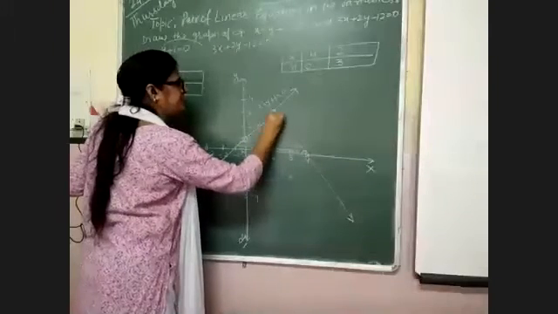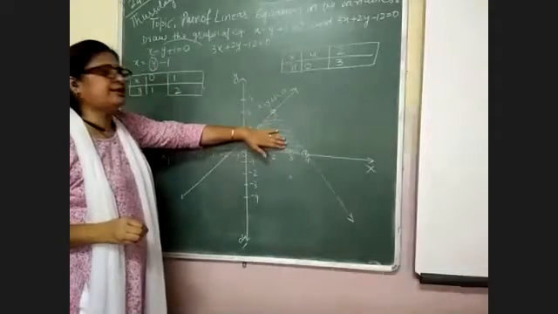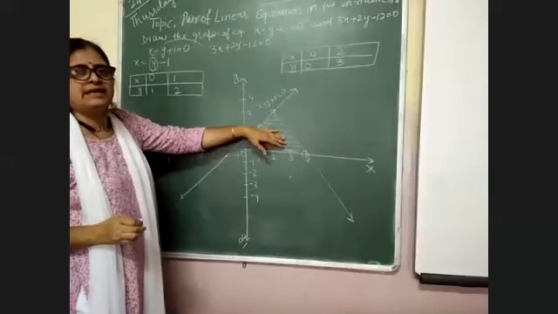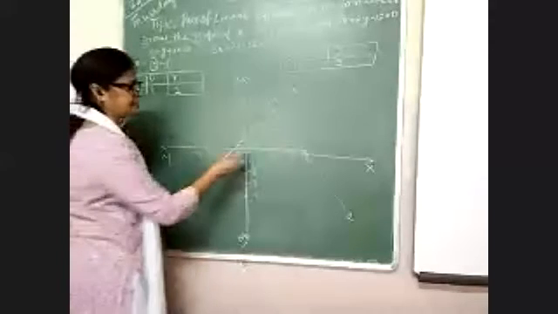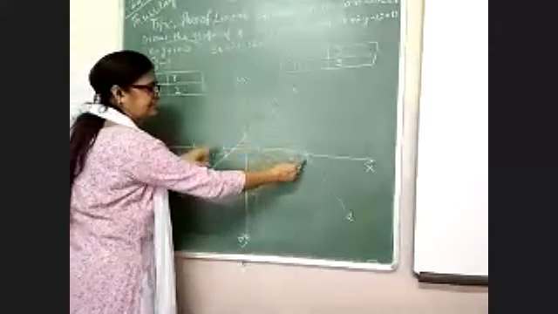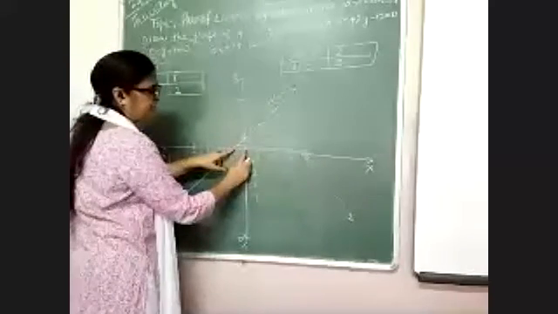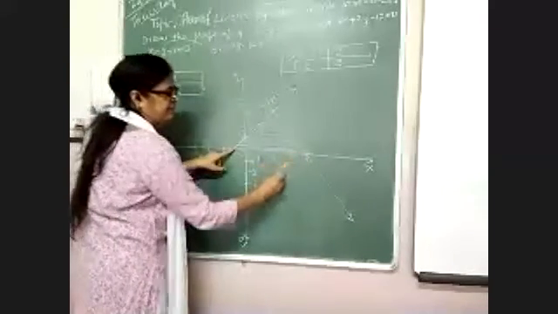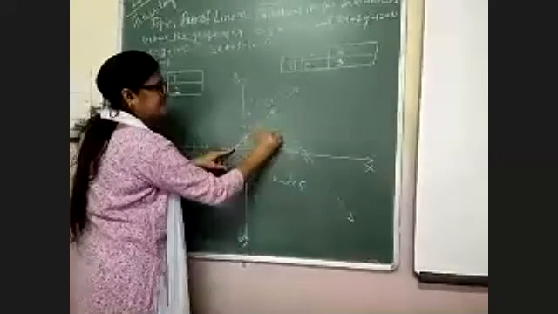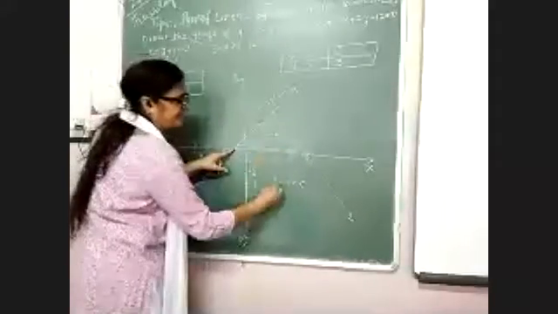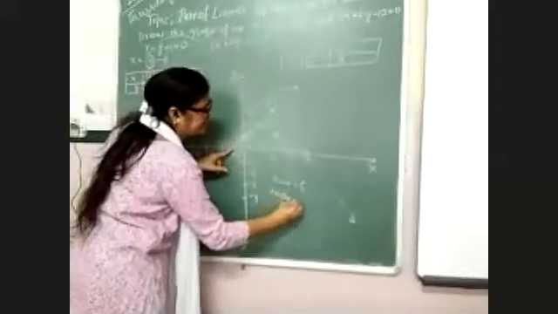And if in this question you have to find the area also, then how do you find the area? You will take the base. Base is 1, 2, 3, 4, and 5. Your base is 5 and height is 3. So how do you find the area?